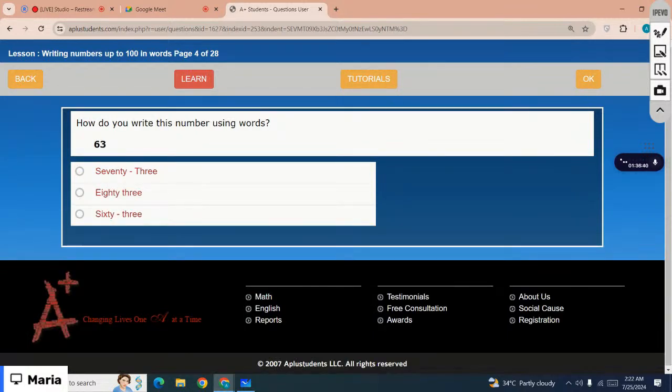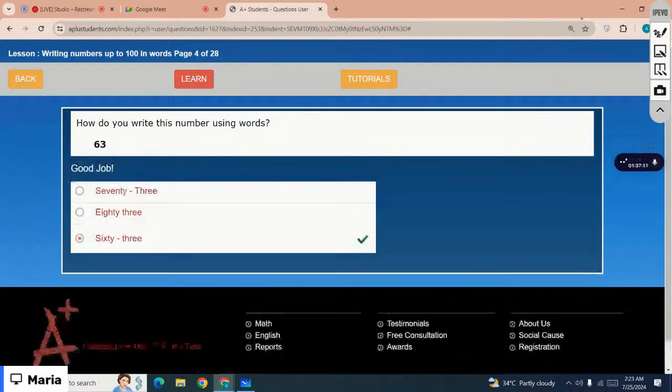Using words, 63. Which is the correct option? Option number 2 is the correct option, right? Sorry, option number 3, 63 it is. So option number 3 is the correct option.